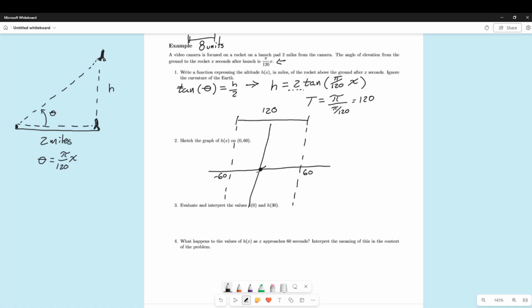And our graph is going to go like that, and up this way, and we really only care about this part. So we really only care about this part of our graph.